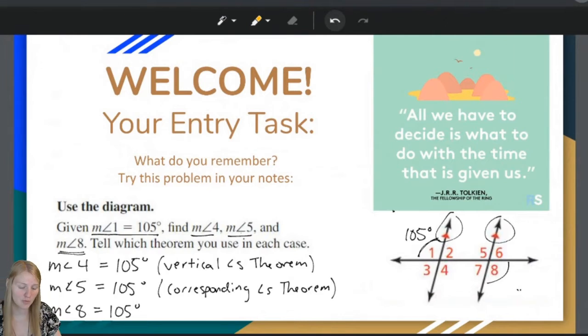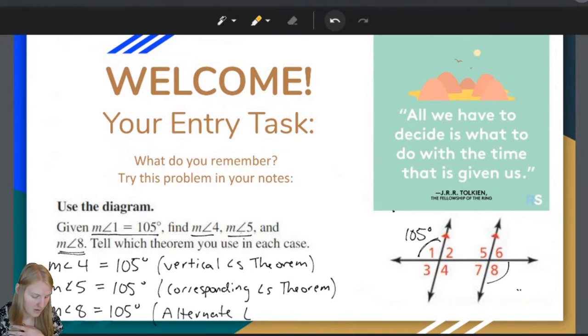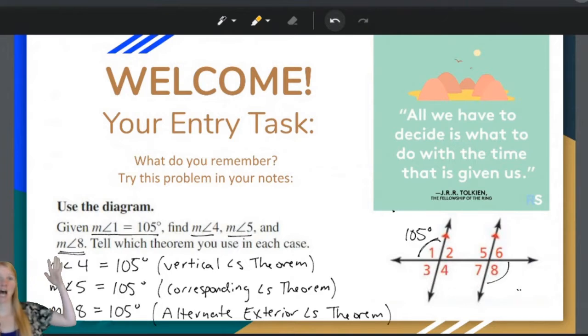If my lines are parallel, then alternate exterior angles are congruent. So this is the alternate exterior angles theorem. Ta-da! So we found each angle measure, and we stated the theorem for each. So we are done. That was a nice review from yesterday.